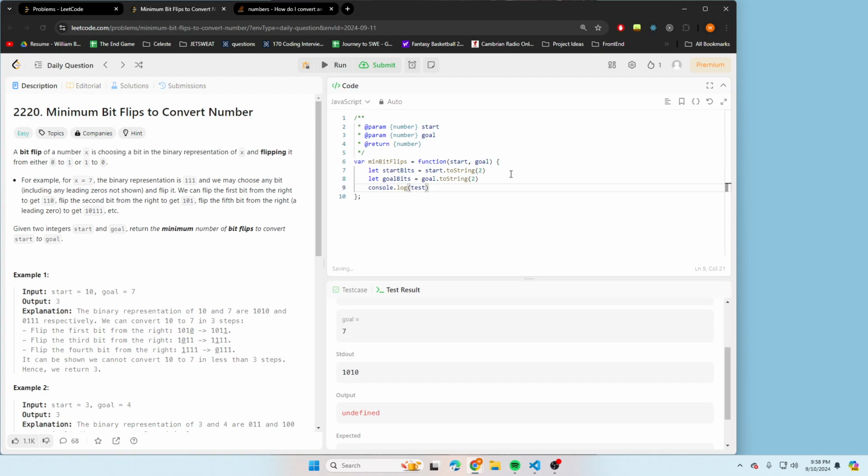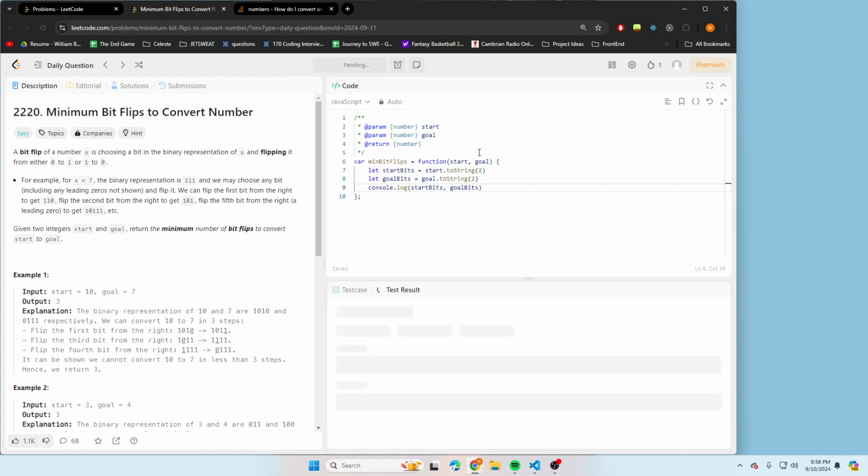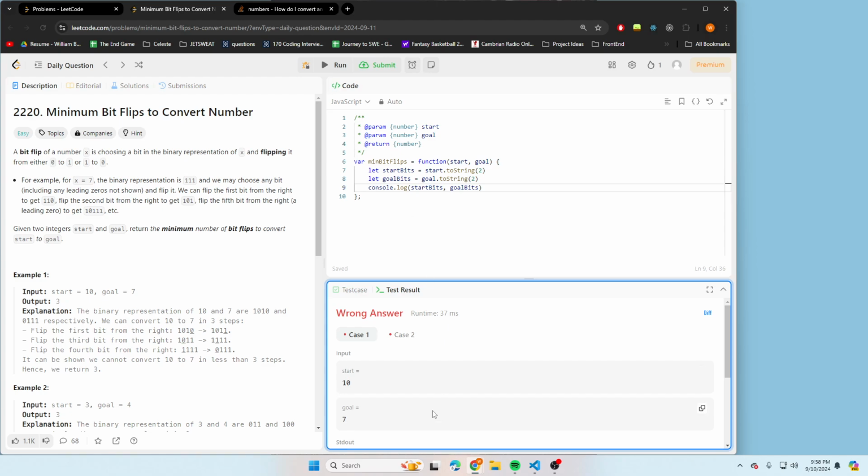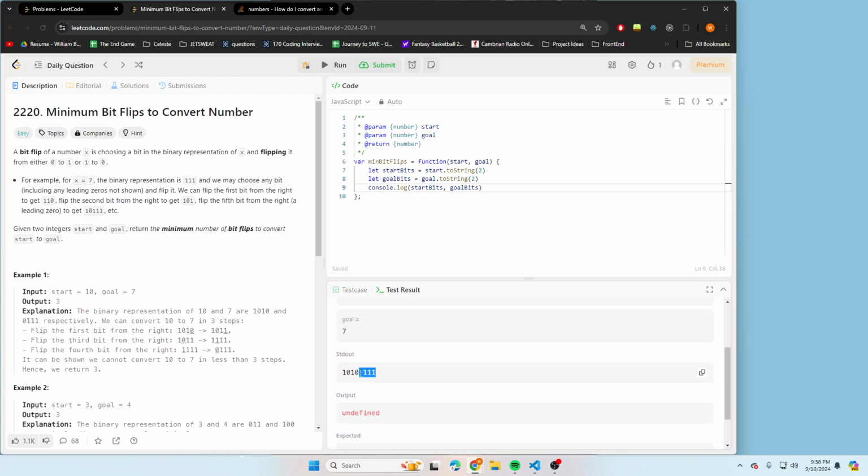Then we have start bits and goal bits, and see what happens here first. So we got this now. So the answer should be 2, no?